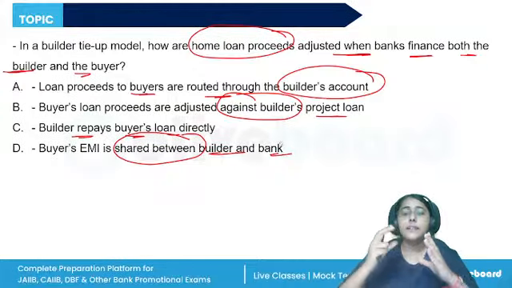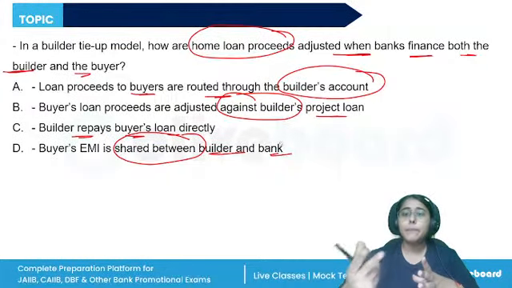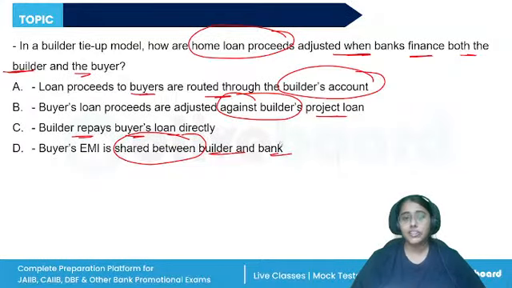So when the bank comes in a tie-up with the builders as a preferred financer, special concessions like waiver of the processing charges, documentation charges, mortgage charges will be offered. Banks will approve the specific projects of the builder and express their interest to finance the individual projects.